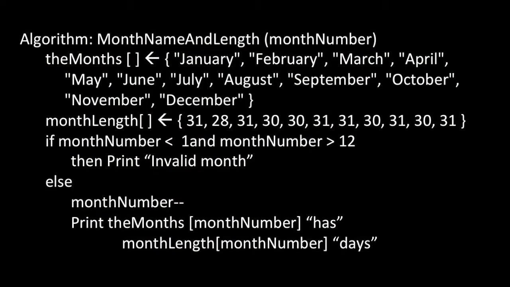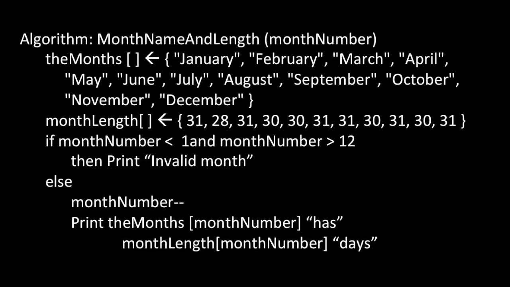Here's my new algorithm. It starts out just the same, except now I'm going to call my algorithm month name and length. I'll initialize my array of names called the months, and then I will also initialize another array called month length, and that will have 12 elements, and each element will be the number of days in the corresponding month.